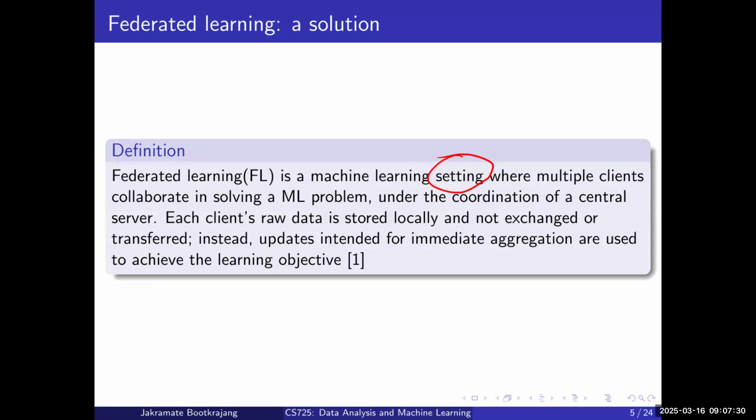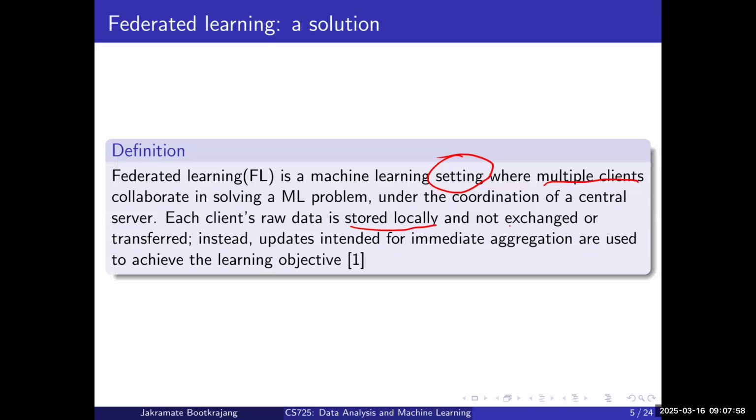And the premise is that you can have multiple clients, right? So each device in your environment will be called a client. And these clients will try to collaborate with each other to solve a single machine learning problem. And each client will have raw data stored locally.